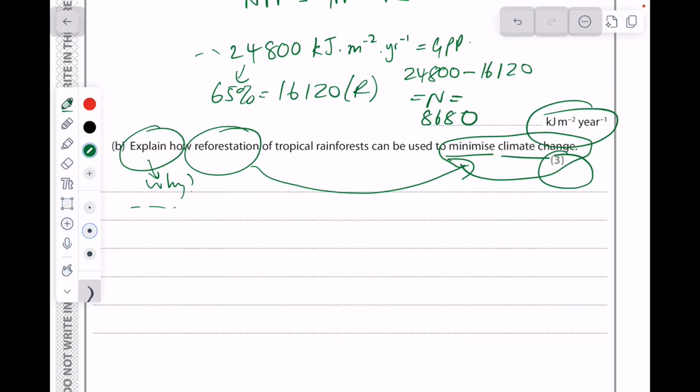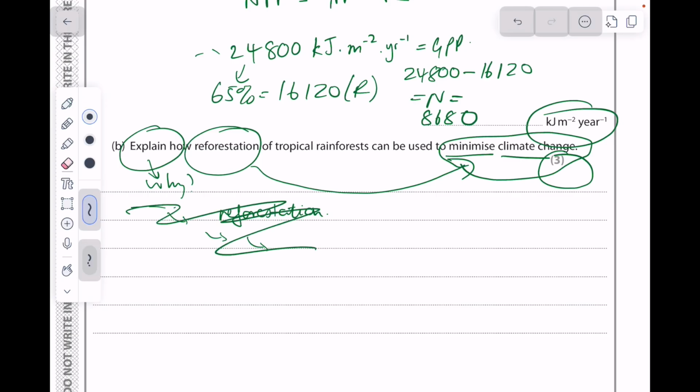So if we say one thing, we say why we're doing that, and why we're doing that, and why we're doing that. Okay, reforestation. So let's think. Reforestation would do what? Why?